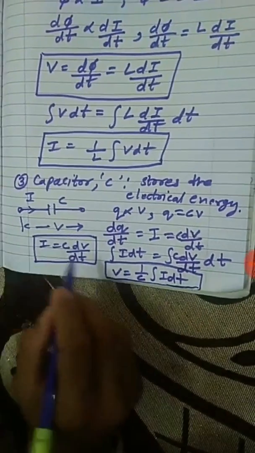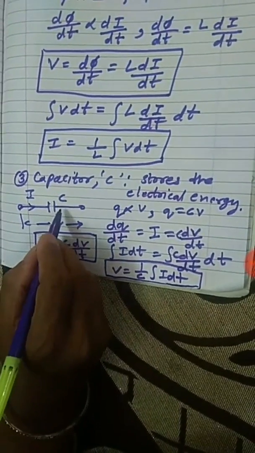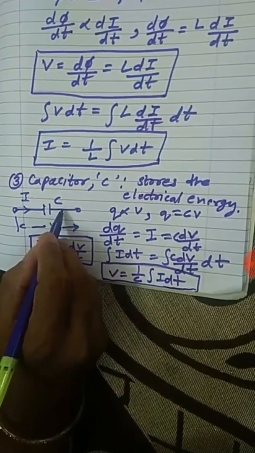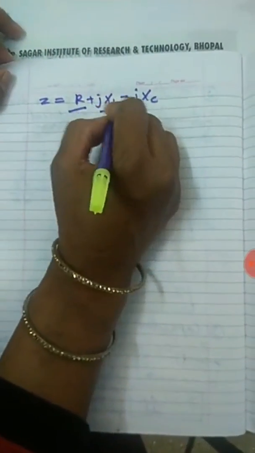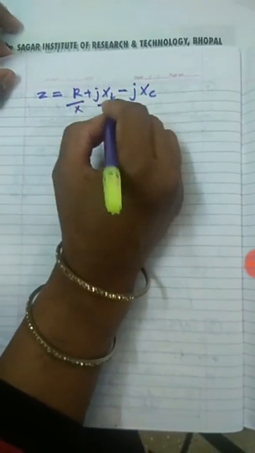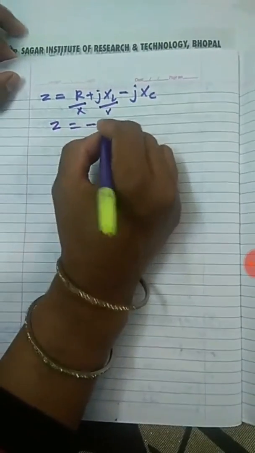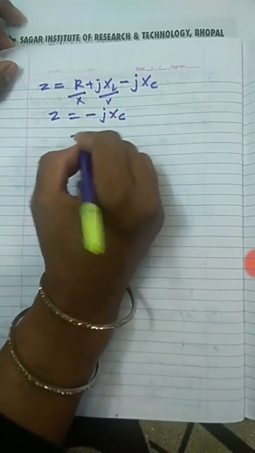Now I want to write the value of capacitor in impedance form. So Z is equal to R plus JXL minus JXC. So resistance is not present here, inductor is also not present here. So I am not taking these two terms. So Z equal to minus JXC. So this is equal to how much?